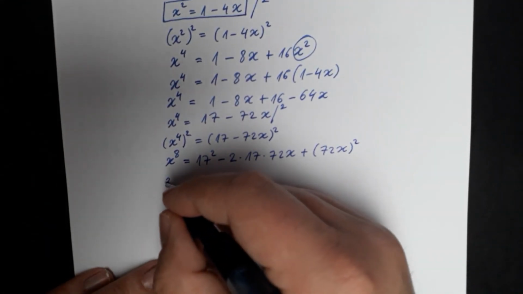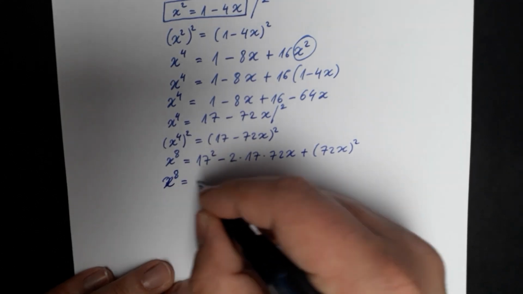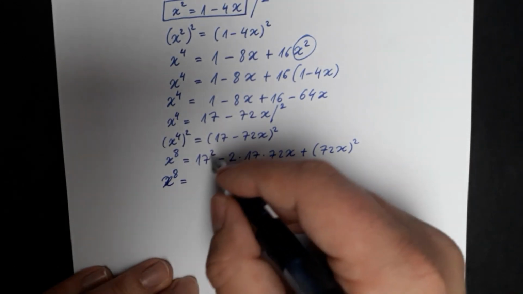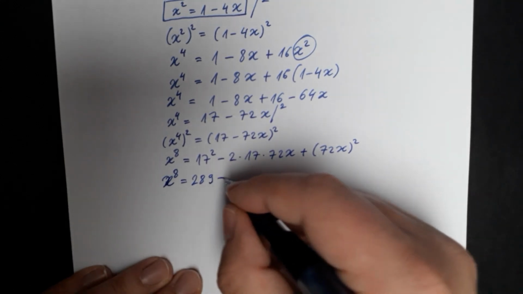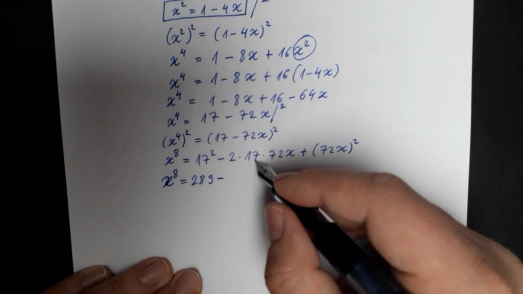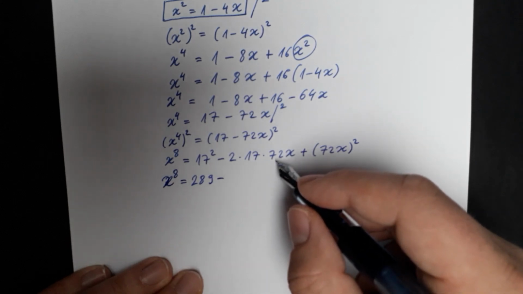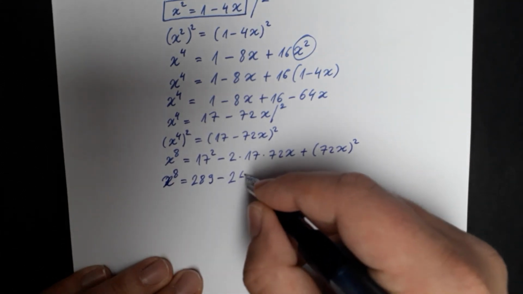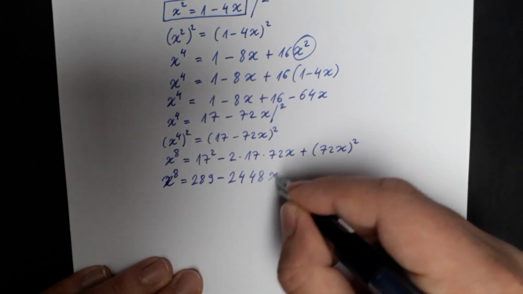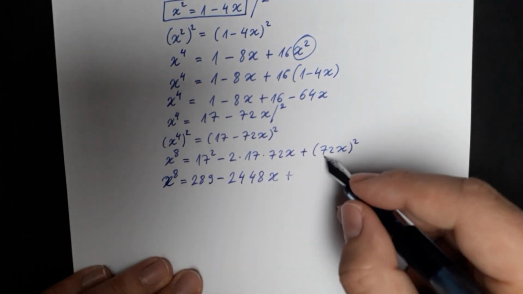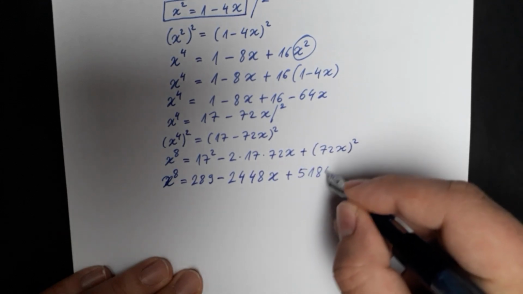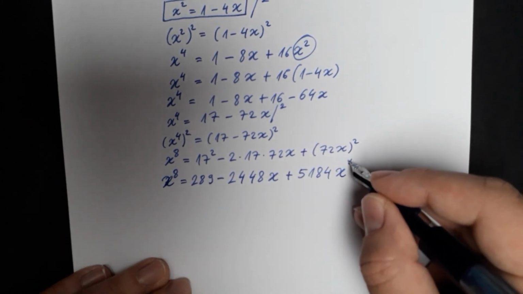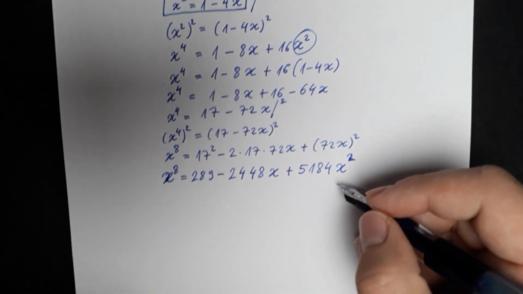So x to the 8th power is equal to 17 squared, which is 289, minus 2 multiplied by 17 multiplied by 72, which is 2448x, and plus 72 squared, which is 5184x squared.